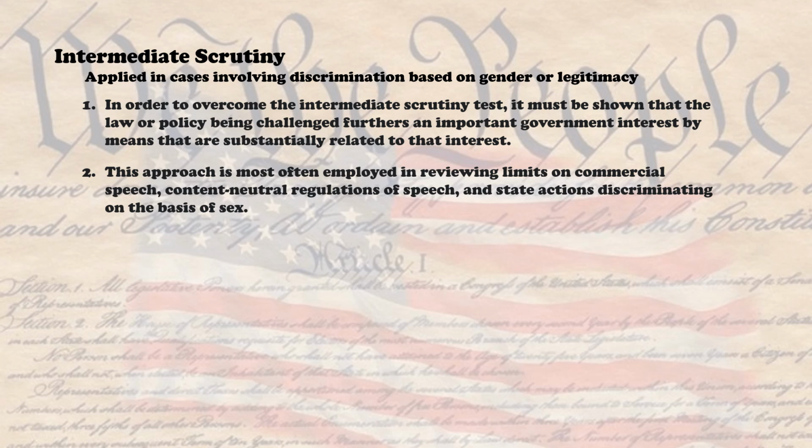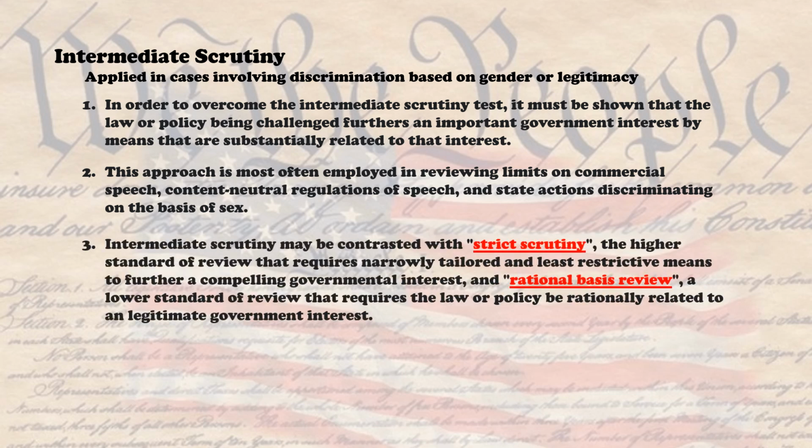This approach is most often employed in reviewing limits on commercial speech, content-neutral regulations of speech, and actions discriminating on the basis of sex. Intermediate scrutiny may be contrasted with strict scrutiny, the higher standard of review that requires narrowly tailored or least restrictive means to further compelling government interests, and rational basis review, a lower standard of review that requires the law or policy to be rationally related to a legitimate government interest.